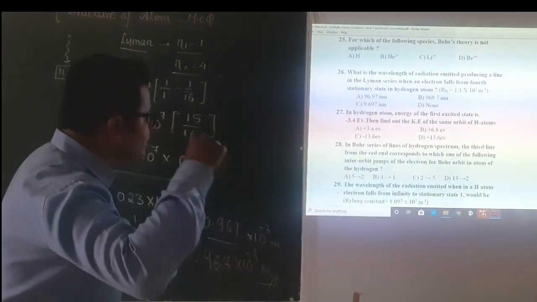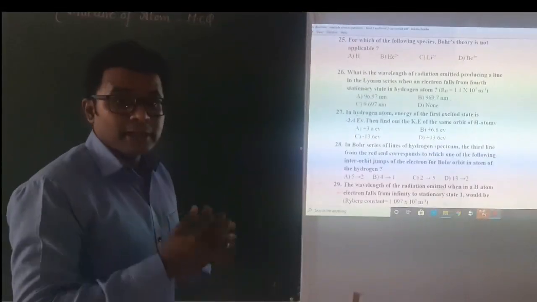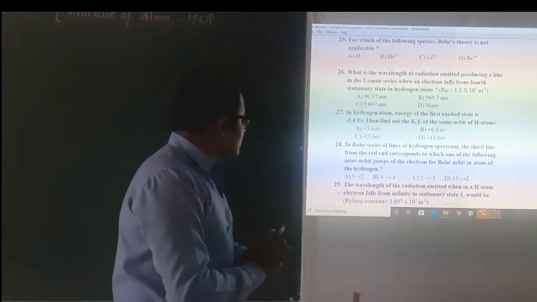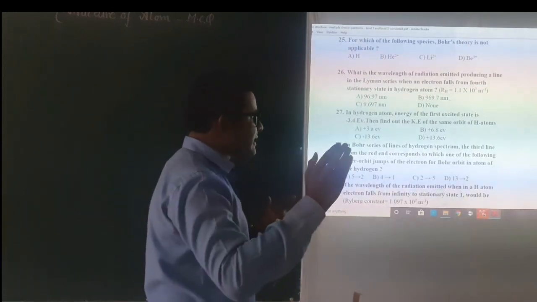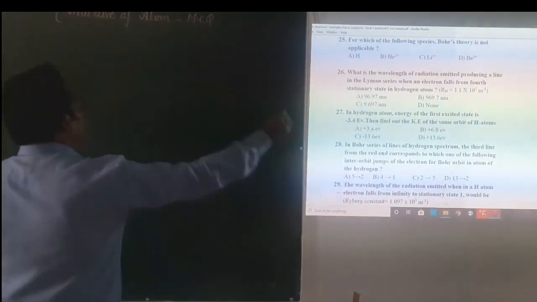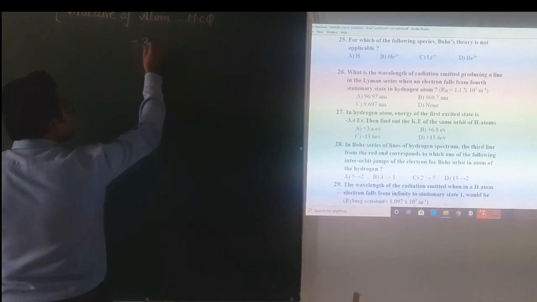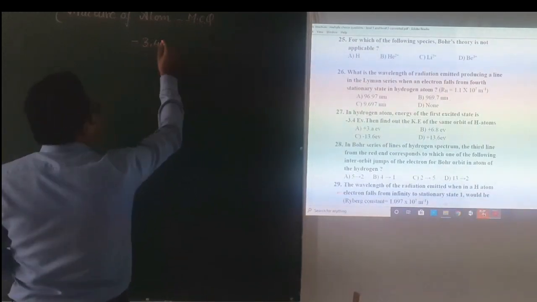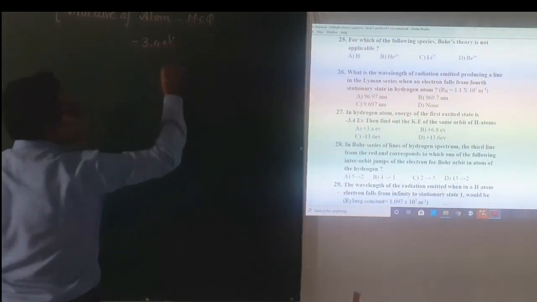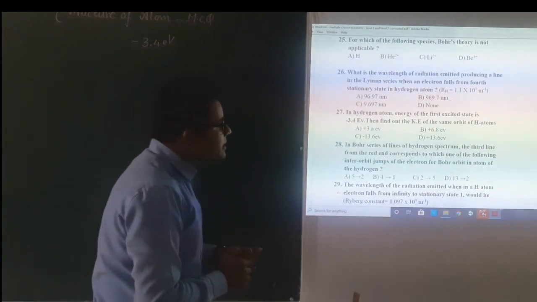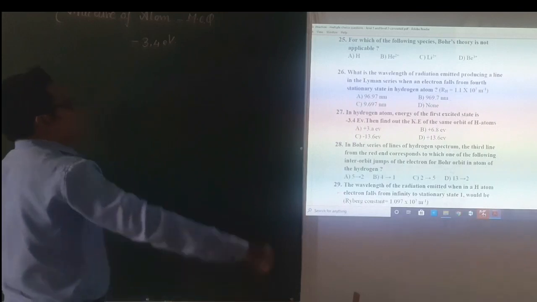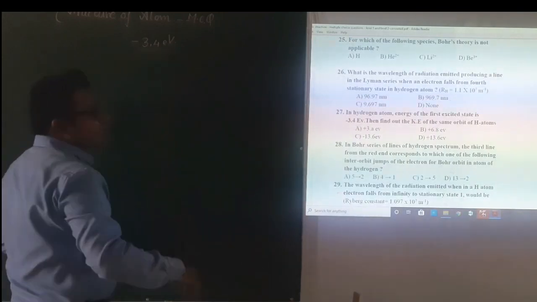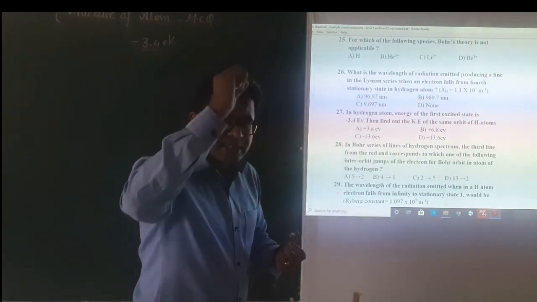Okay, so going forward with the next question, number 27. In the hydrogen atom, the energy of the first excited state is minus 3.4 electron volts. Find out the kinetic energy of the same orbit of the hydrogen atom. Okay, so the electron is present in the same orbit.